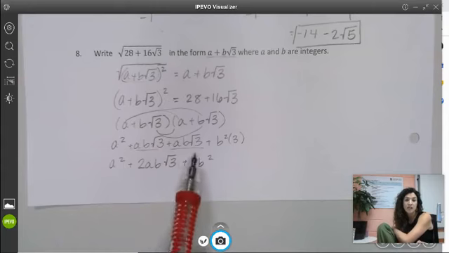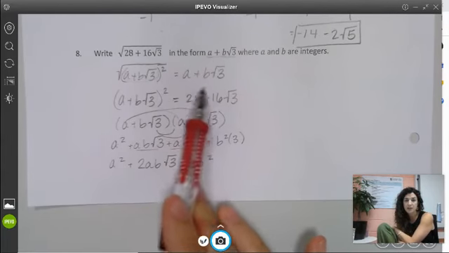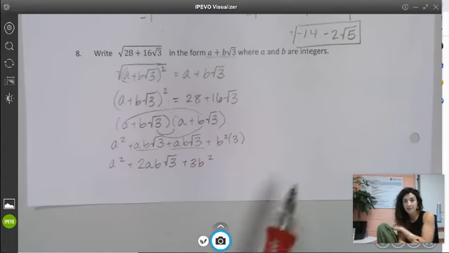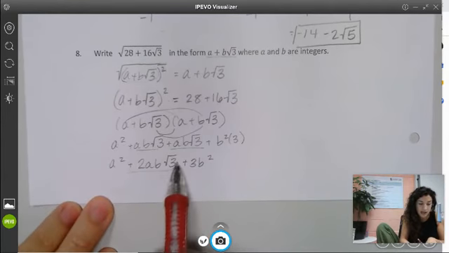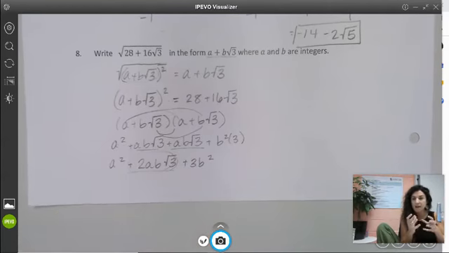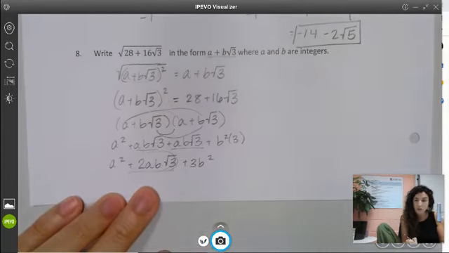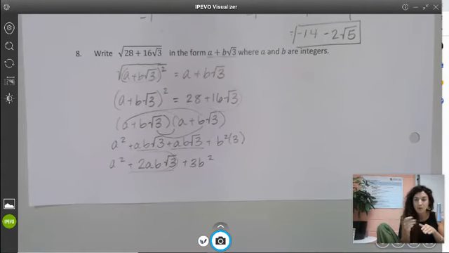Now I want this term right here to look like this term right here, which means that I want my square root of 3 term to be at the end and by itself, and that's this term. So this guy kind of matches up in the foundation of this expression, where it's this number being multiplied to square root of 3. It needs to be equal to this number multiplied by the square root of 3.